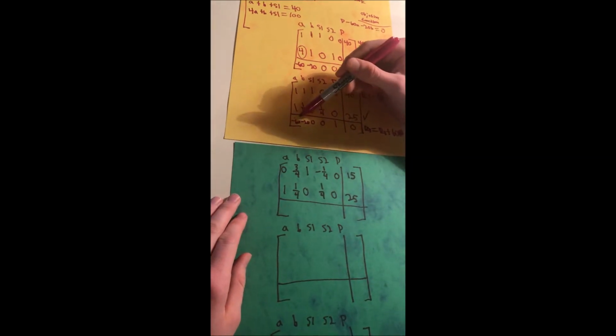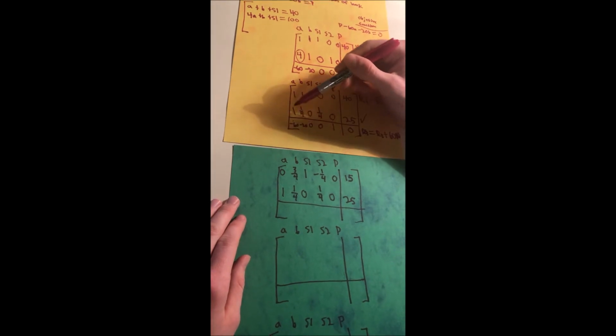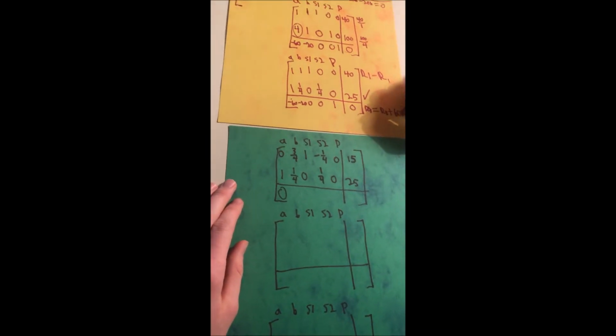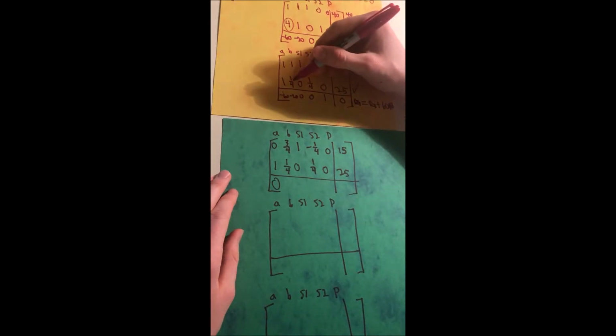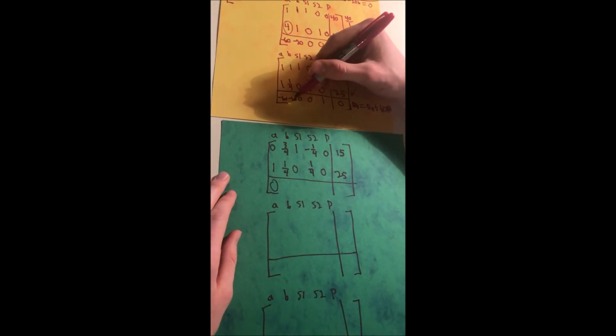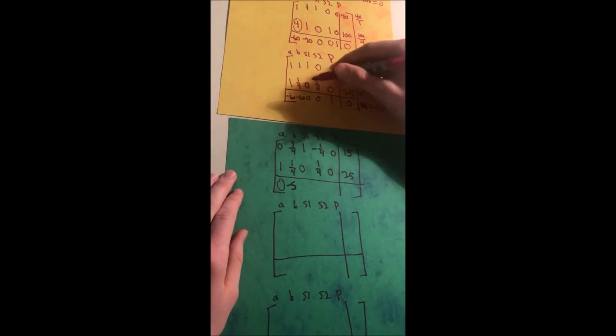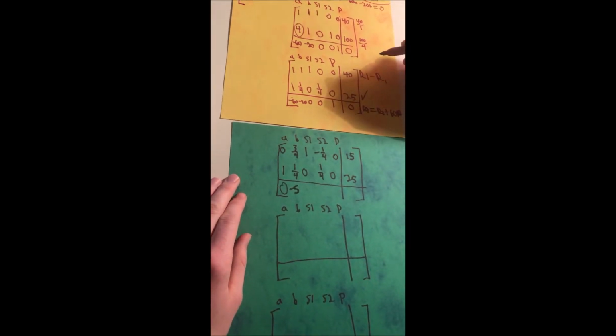So we're going to take row 3, which is negative 60, plus 60 times row 1, which is 1. So 60 plus negative 60 is 0. And then 60 times 1/4 is 15, plus negative 20 is negative 5. So both 0. So 0.